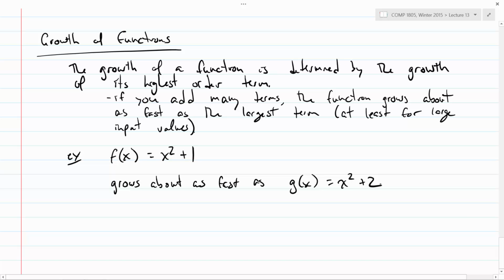So, furthermore, if I had a function h of x, and it was x squared plus 2x plus 1, that is also about the same, because for large x, x squared is way bigger than 2, and it's also way bigger than 2x plus 1.